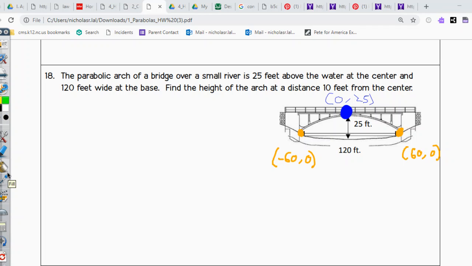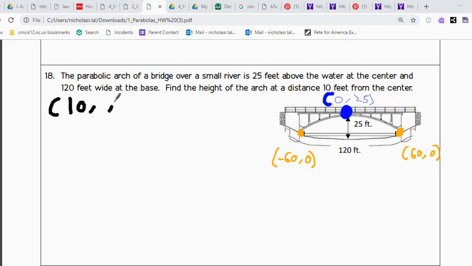All right, so that's 0, 25. Now let's use our parabola equation, because we ultimately need to find the coordinate 10, y, and then we need to solve for y.